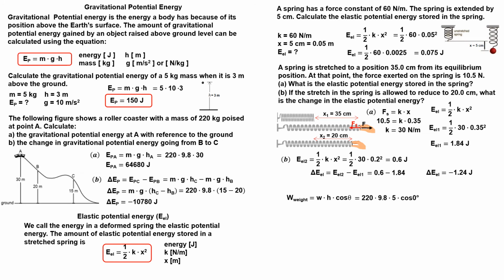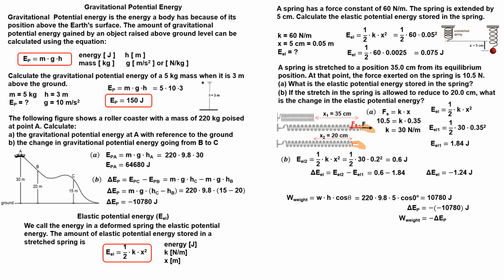So, the work done by weight from B to C is positive because the force and the displacement are in the same direction. The work done by weight is 10,780 joules. We should note the value is the negative of the gravitational potential energy change.